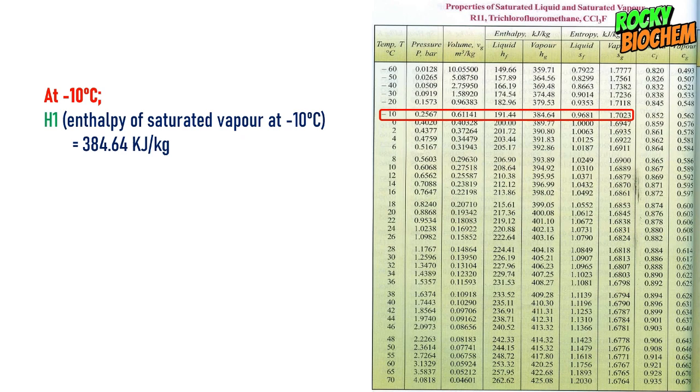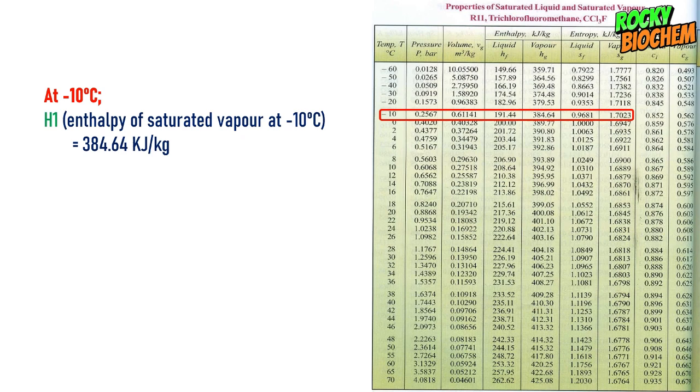So from the table, we will read the enthalpy value from the saturated vapor region. Note that we have the saturated liquid column and then the saturated vapor column as well. From the saturated vapor column, we get it to be 384.64 kilojoule per kilogram.